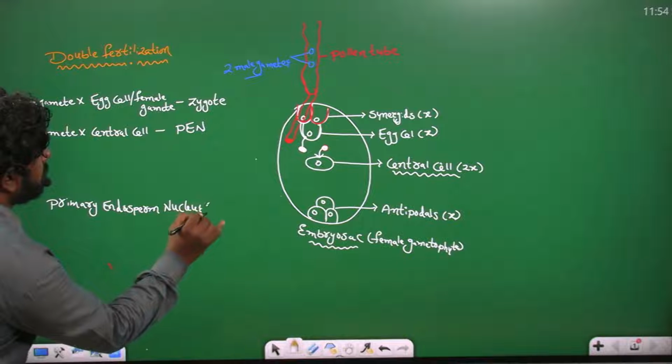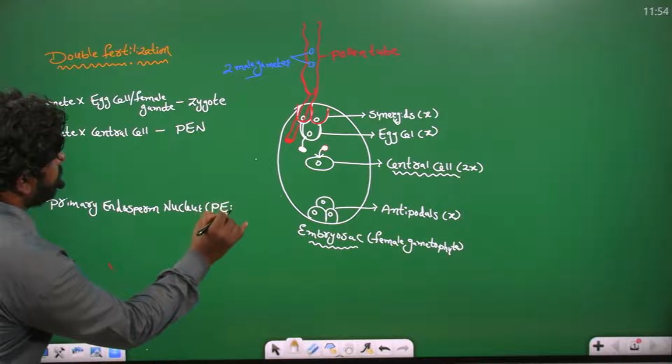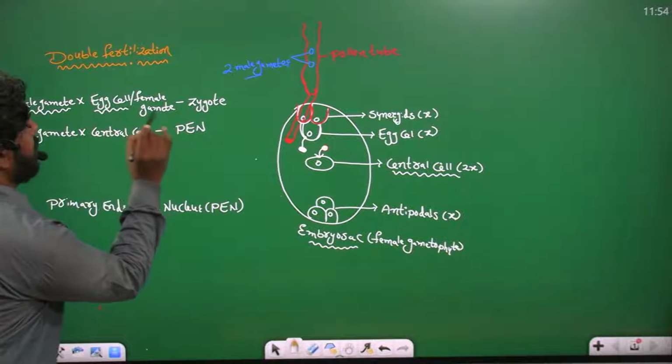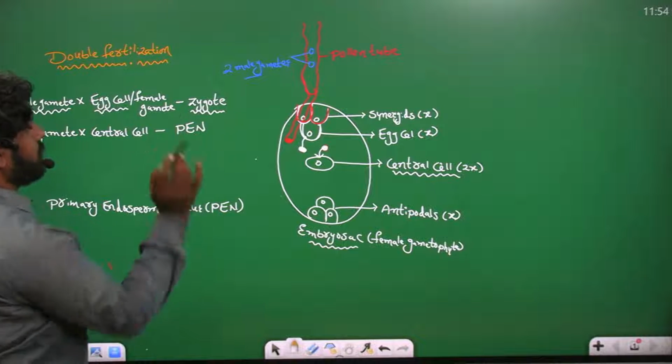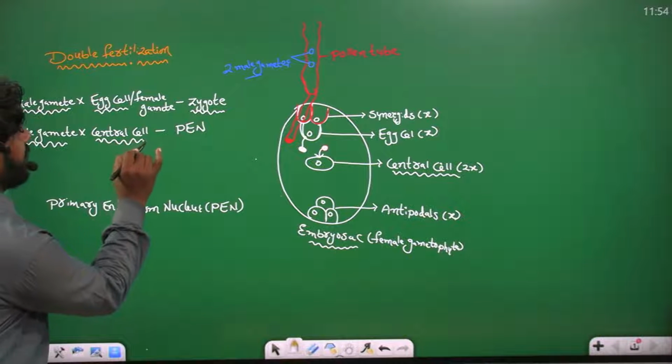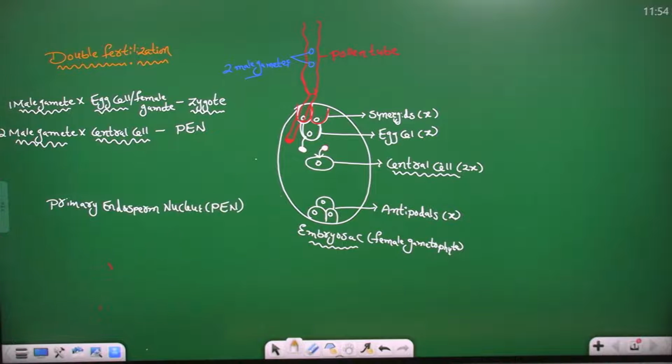Simply it is called PEN. Out of two male gametes, one fertilizes the egg cell to form the zygote, and the second fertilizes the central cell to form the primary endosperm nucleus, PEN.